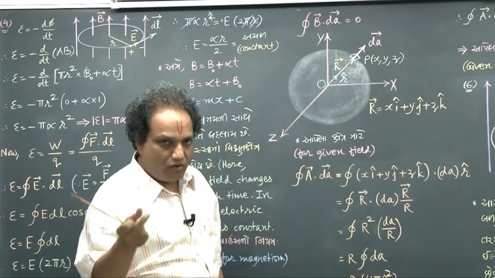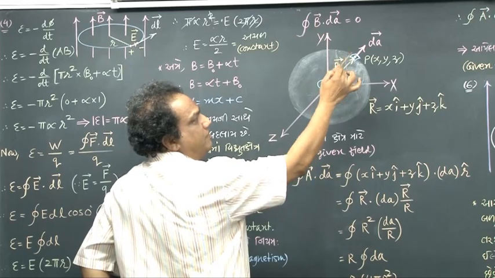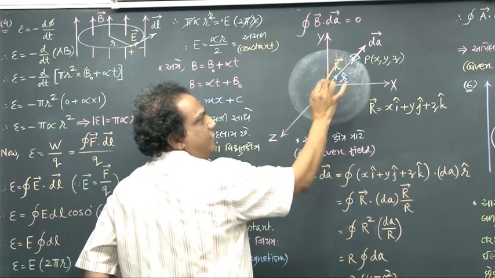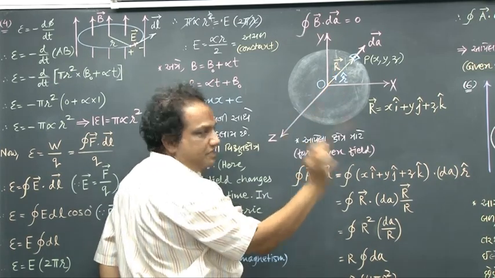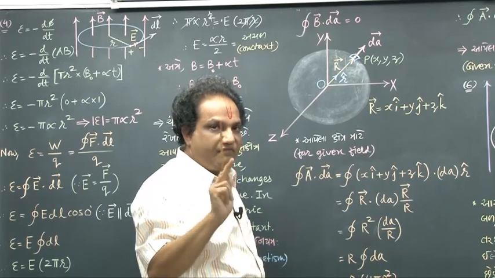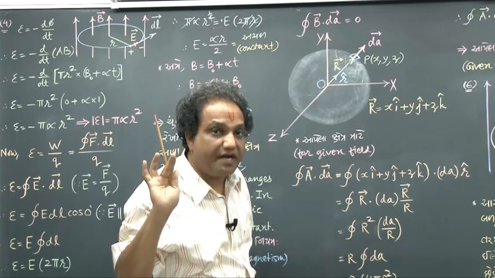X, y, z. Now, with respect to origin, the position vector of this very point is vector capital R. You know the formula of position vector, which you studied in first semester: x i hat plus y j hat plus z k hat.